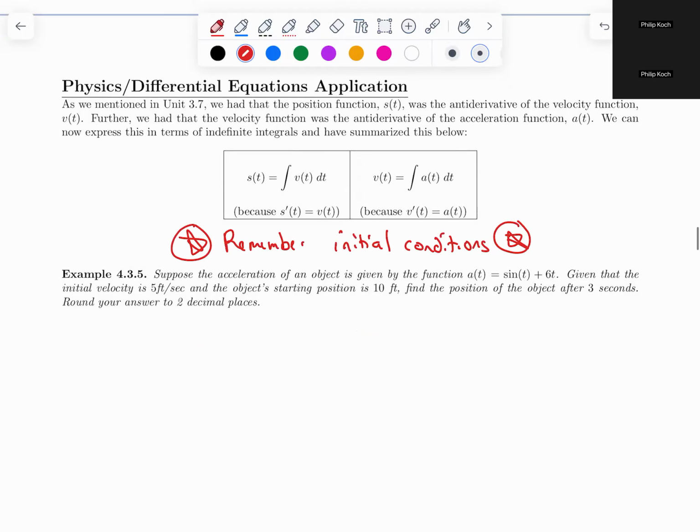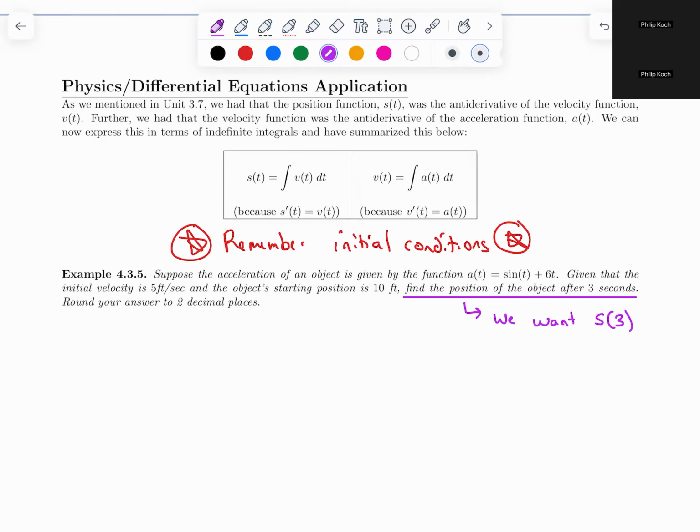Okay, so one thing I want us to understand: it says find the position of the object after 3 seconds. We can look at that and realize what we're being asked to do. We want s of 3, the position of the thing after 3 seconds.